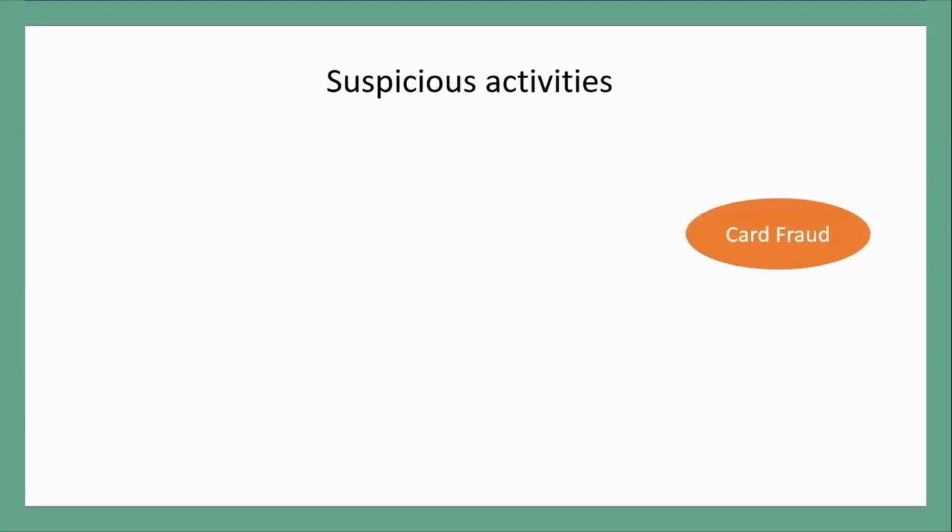The next example is of card fraud. So what has happened here is the card is stolen and the fraudster either has a physical card or has the card number and CVV number and other details of the cards. So if there are multiple declined transactions at different merchants, it becomes suspicious in nature. Why?